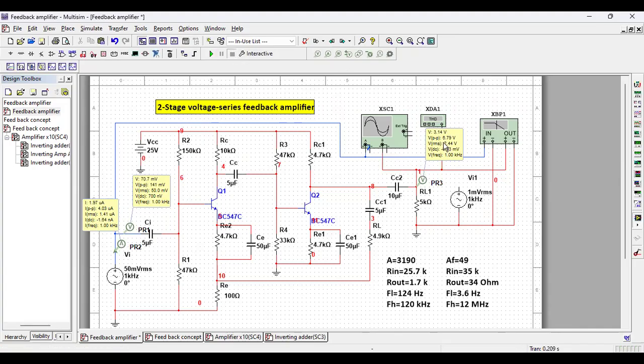We find now the voltage is 6.79 volt output peak to peak. Input voltage is 141 millivolt.